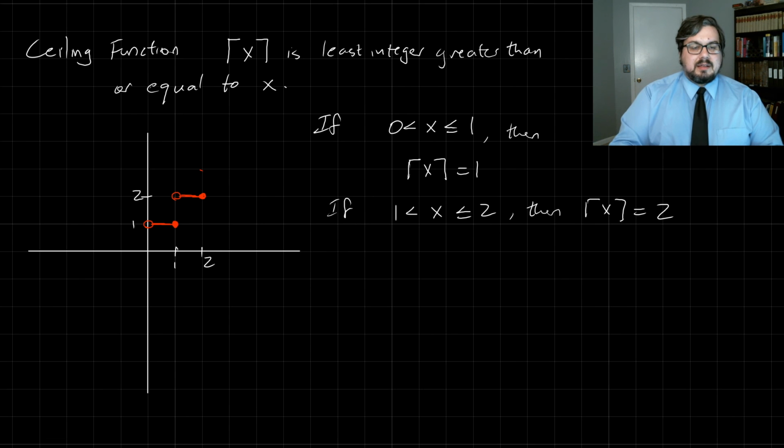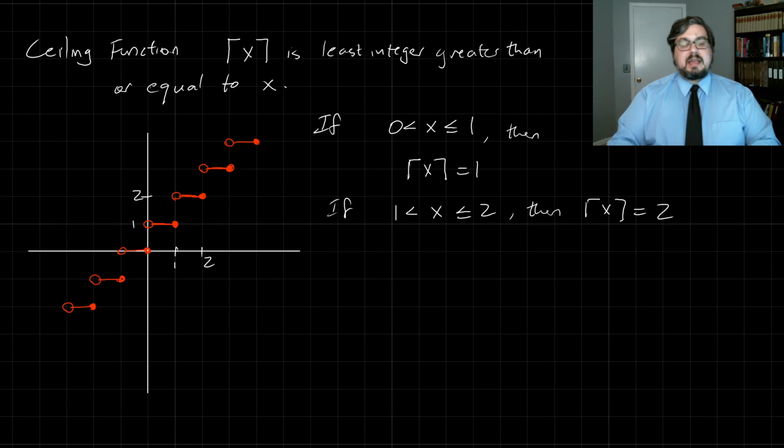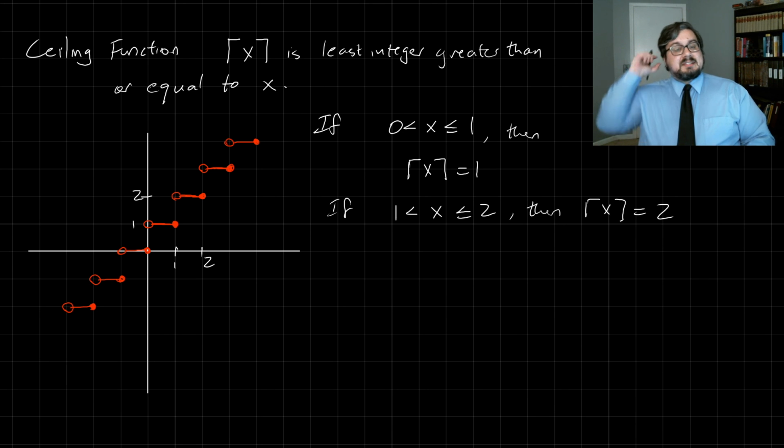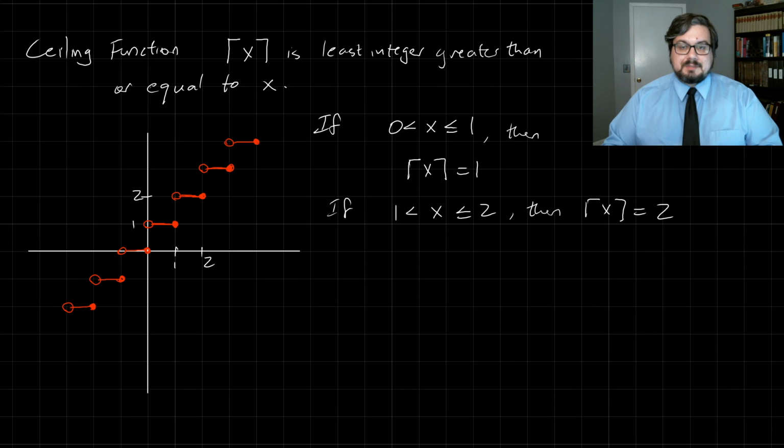And we get a similar pattern going up. So the ceiling function carries many of the same kinds of behavior as the floor function, but we use it in slightly different ways. Here's an example of an application problem where we might use the ceiling function where the floor function doesn't do what we want.